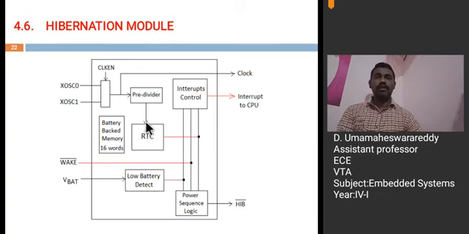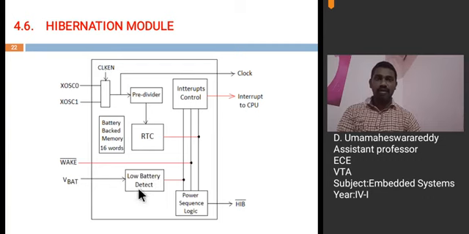And look here, this is the external wake up pin or wake up signal. An active low on this pin will also bring your CPU and peripherals back into the active state from the hibernation state. And the next one is the low battery detector.